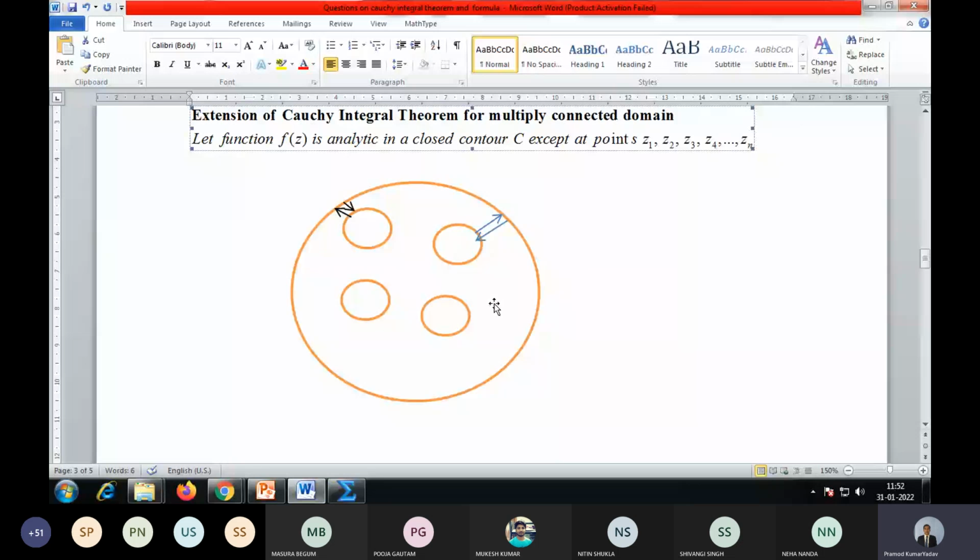It means the function is analytic everywhere except these points, as I have shown in this picture: z1, z2, z3, z4.